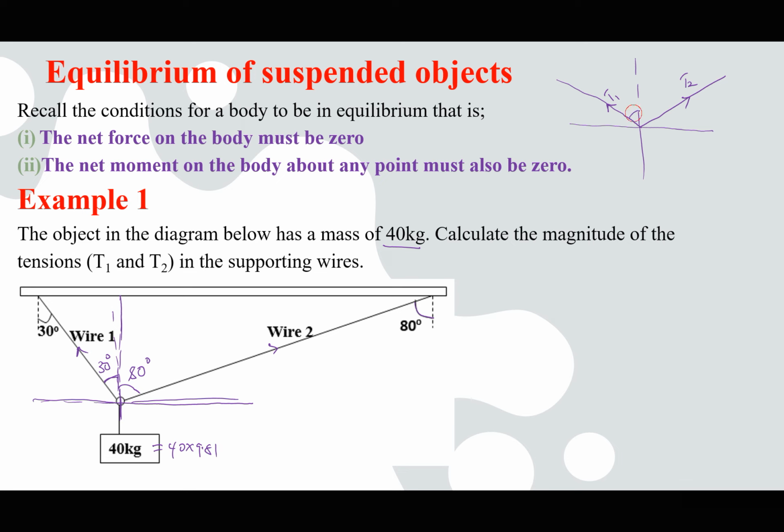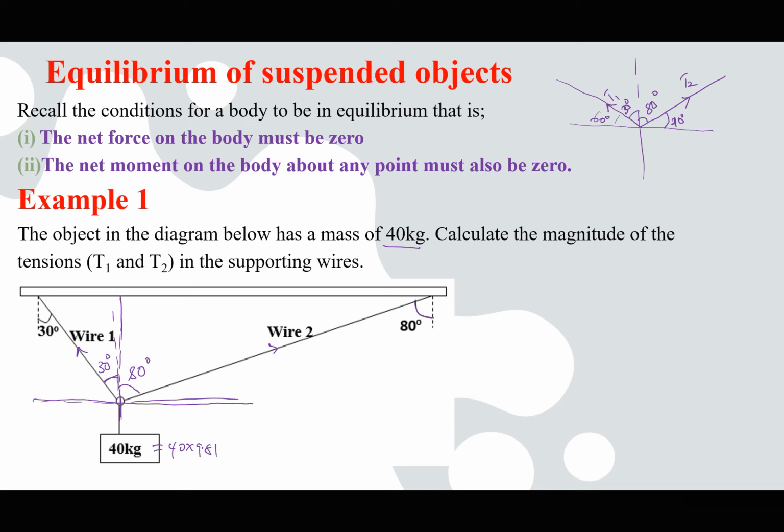These are not drawn to scale. So this is 30 degrees and this is 80 degrees. If you want, you can use these angles with the horizontal, where this could be 10 degrees and this would be 60 degrees, depending on which angle is easier for you to use.